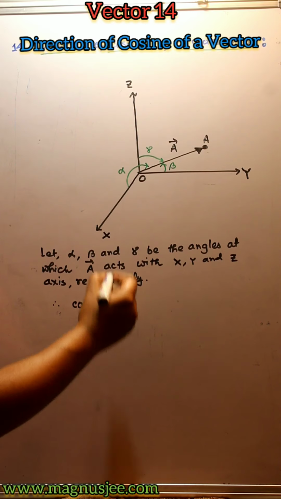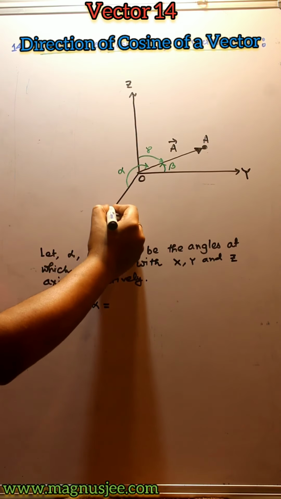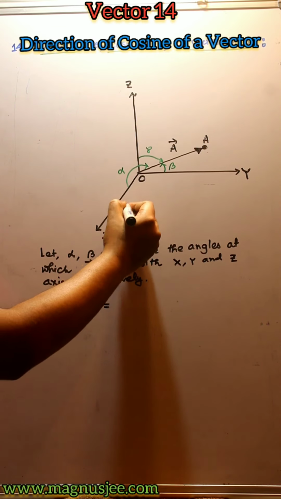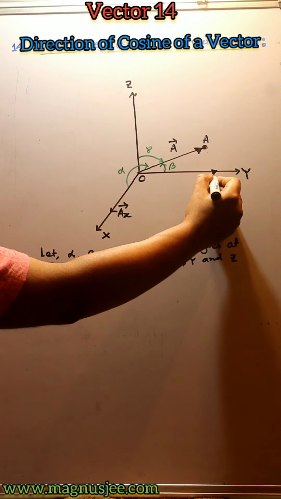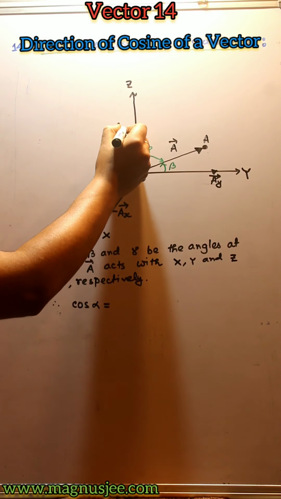Therefore, cos alpha equals, now we can denote the component of vector A along the x-axis as vector Ax, the component along the y-axis as vector Ay, and the rectangular component along the z-axis as vector Az.